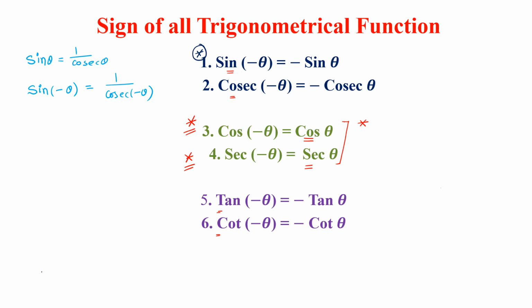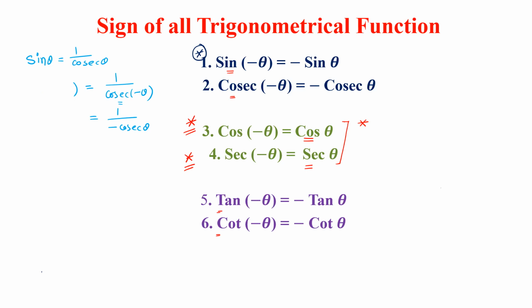So 1 by cosec minus theta will become 1 by minus cosec theta, because sine and cosec are reciprocal to each other, so we can consider it this way.